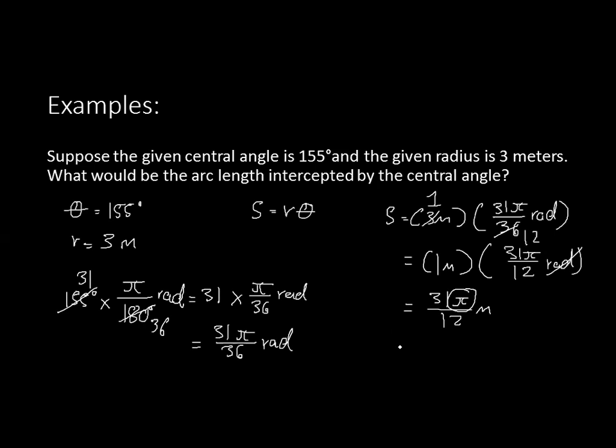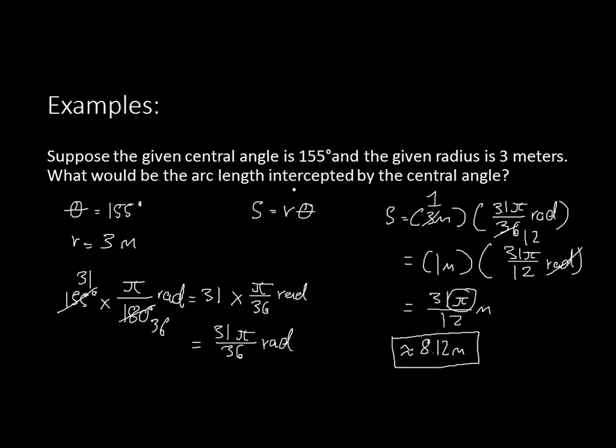All right. So 31 pi divided by 12 is approximately 8.12. Am I right? Yeah, 8.12. So approximately 8.12 meters. So that is the arc length that is intercepted by the central angle. All right. So that's it.